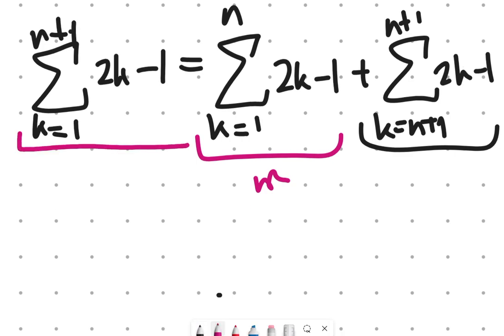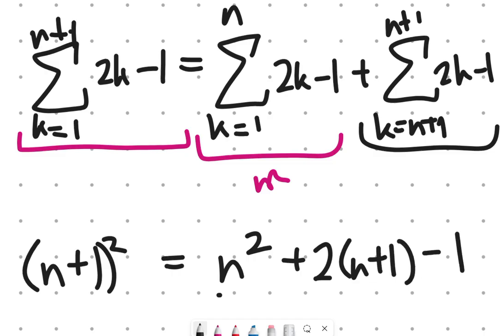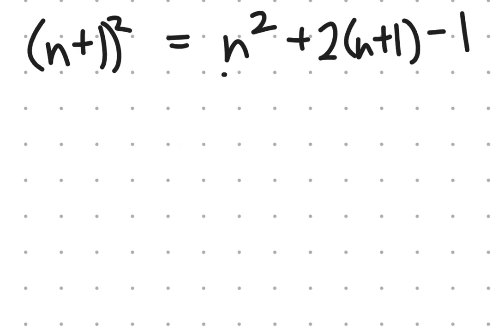And since this is the same thing as n squared, but we are just plugging n plus 1 into the n, this should be equal to n plus 1 squared. And this is equal to n squared plus 2 times n plus 1 minus 1. Now what is n plus 1 squared?